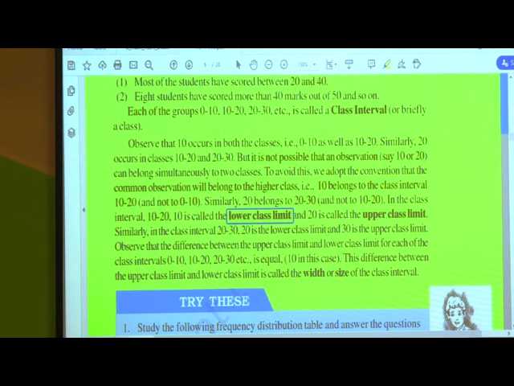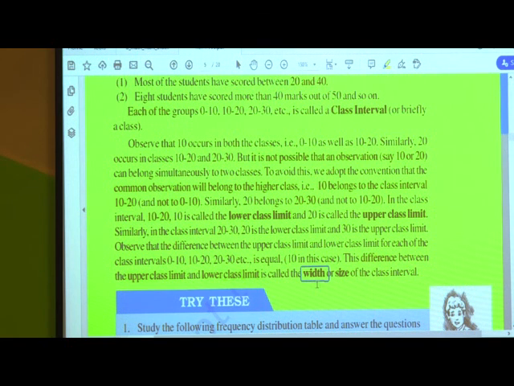So, proceeding further, we have to study one more term: the difference between the upper class limit and the lower class limit is called the width or size of the class interval.